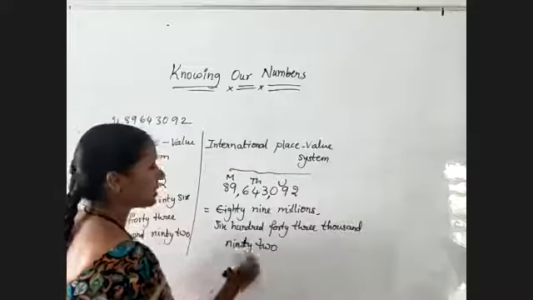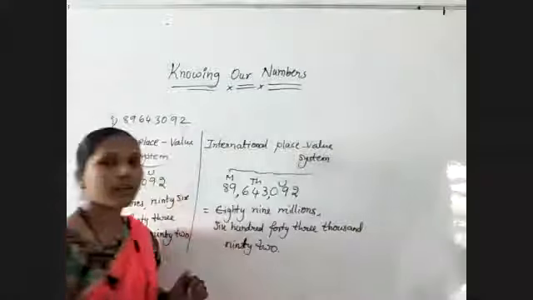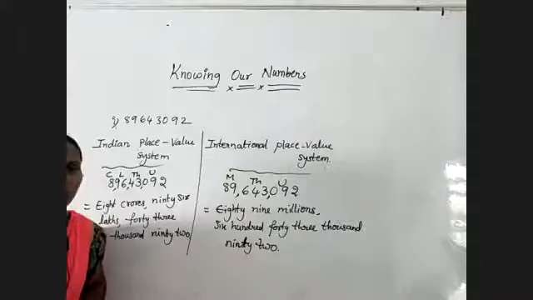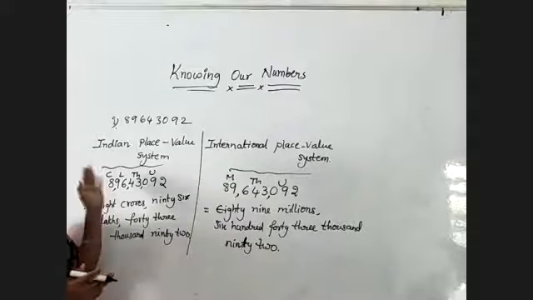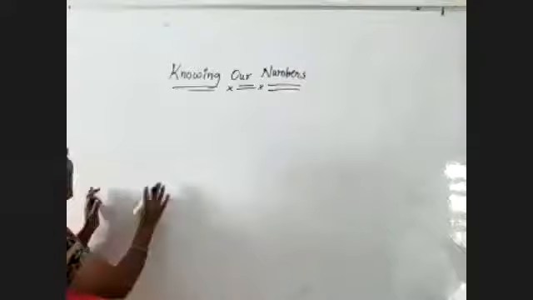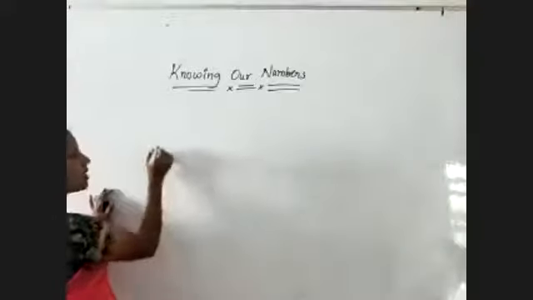So these are the things to remember when we are writing in both the systems. According to the question, if they are asking for conversion, we have till 10,000 no change.